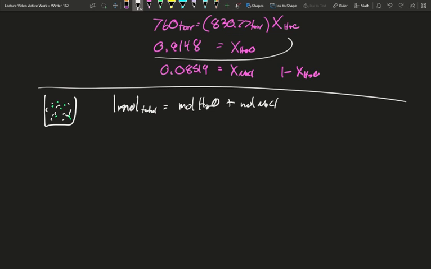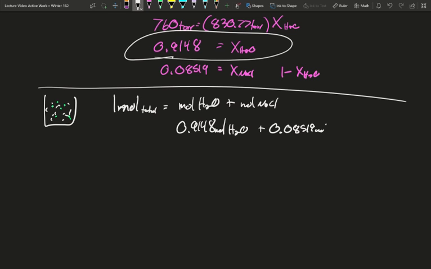Since I have the mole fraction, I know that out of every 1 mole, 0.9148 moles is water, and 0.08519 moles is sodium chloride. They must add up to the 1 mole total that we're assuming for this calculation. Now that's not what's actually in our container, but it gives us a ratio. And let's just say, how much water versus how much sodium chloride, how much water versus total moles.